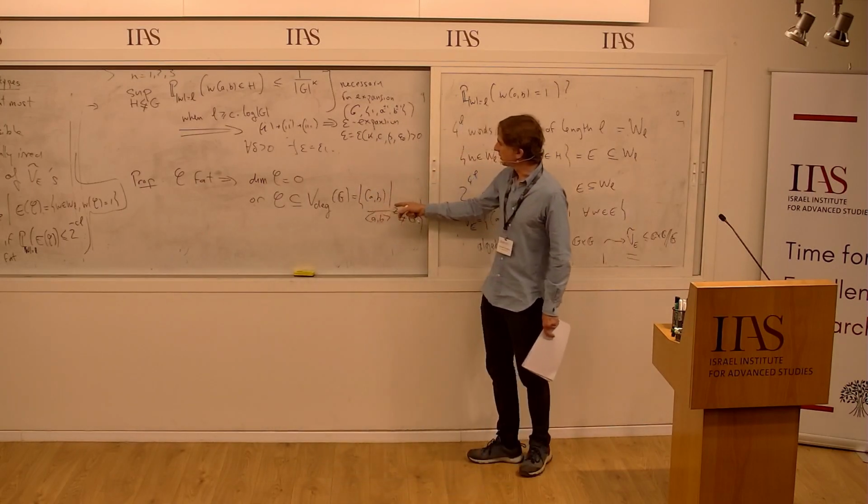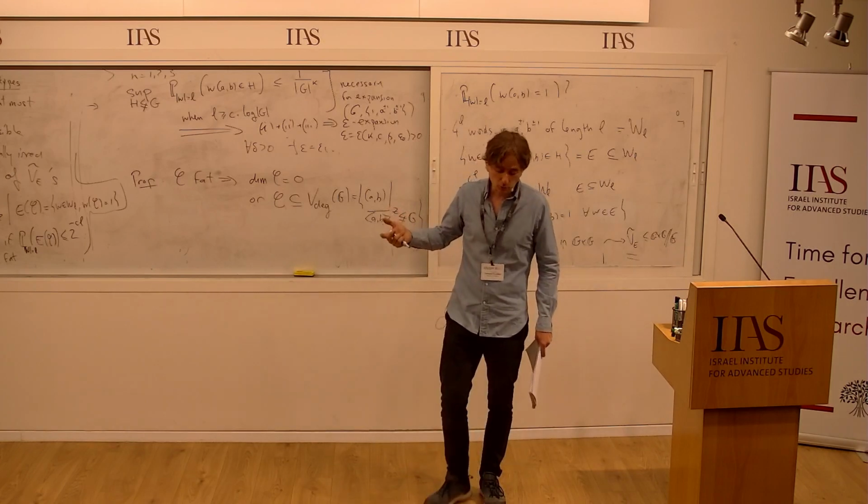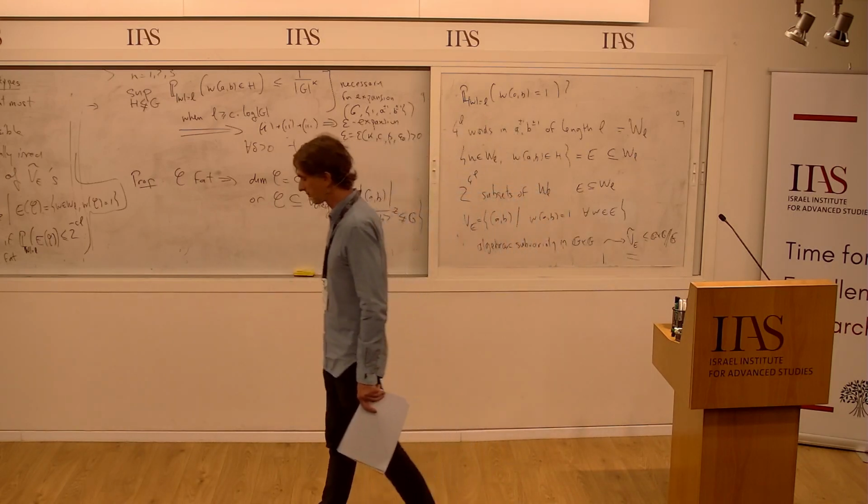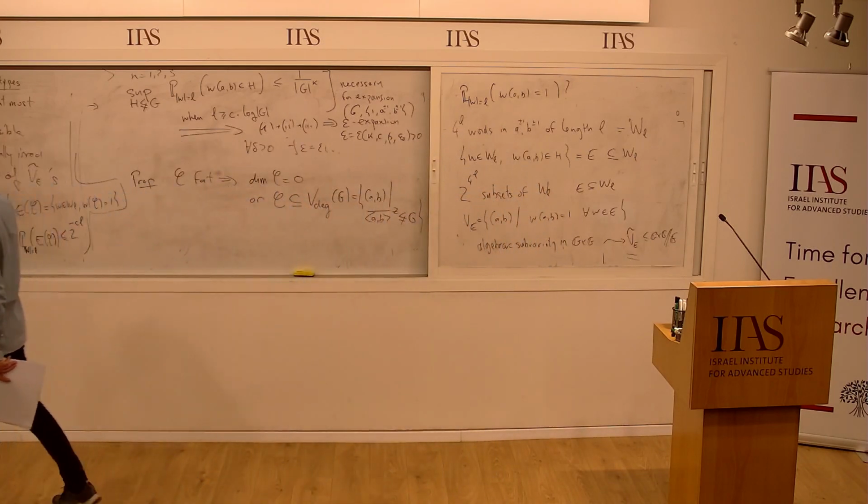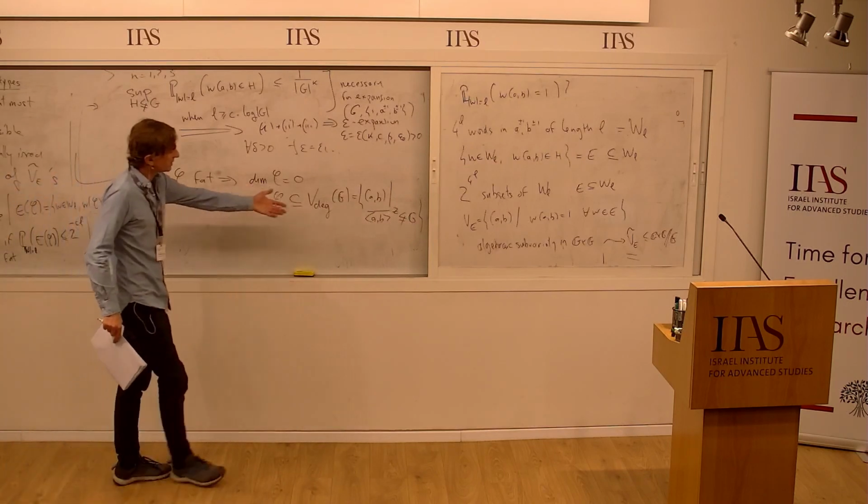If you look at pairs A and B, maybe they can commute, maybe they can have a common eigendirection. So they may not generate a Zariski dense group.